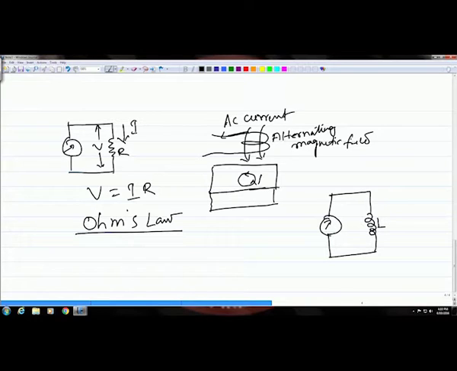So, in that case the resistance to flow of current will be the inductance, which is denoted by L. Okay. And let us call this current as I L to indicate that it is flowing through an inductor. Okay.